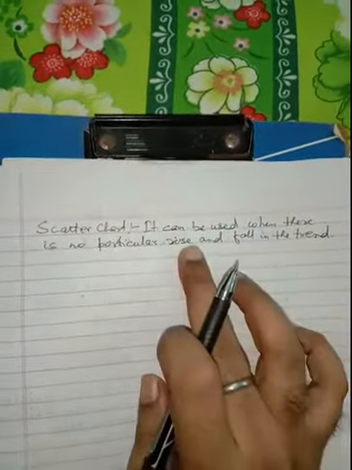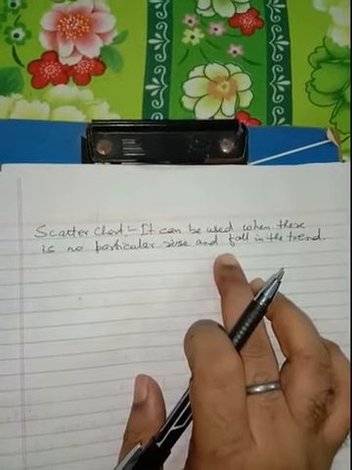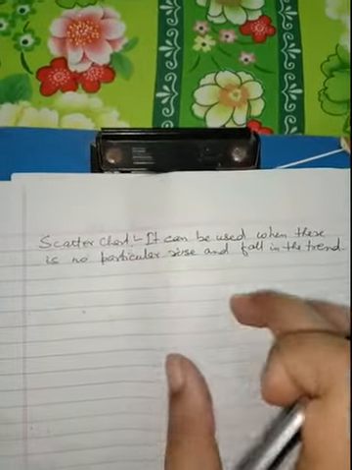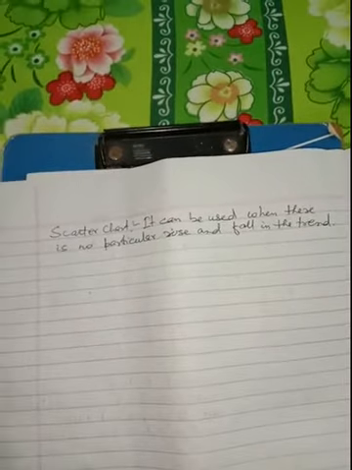So the scatter chart is used when we don't have much rise and fall in the values, and the values mostly represent constant movement. In that case, we generally use the scatter chart.